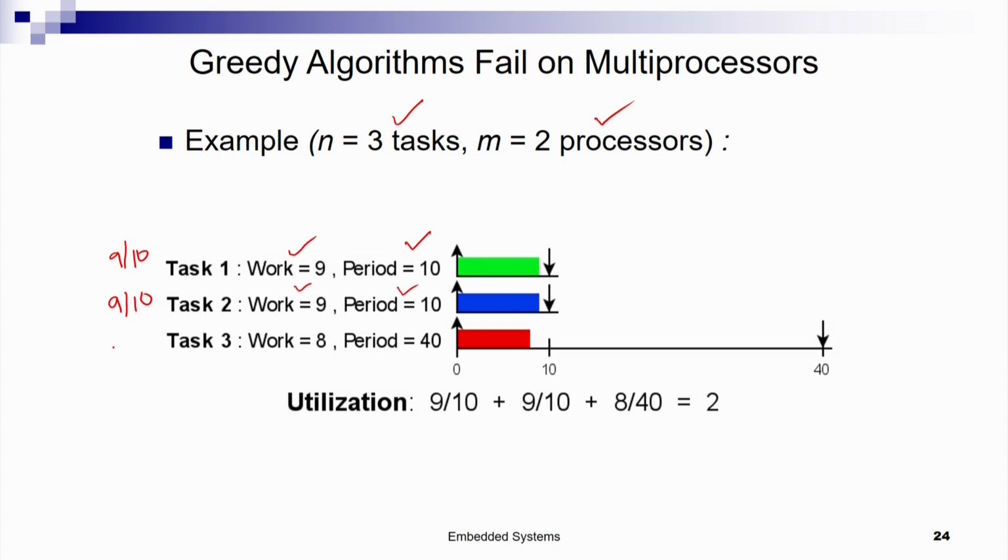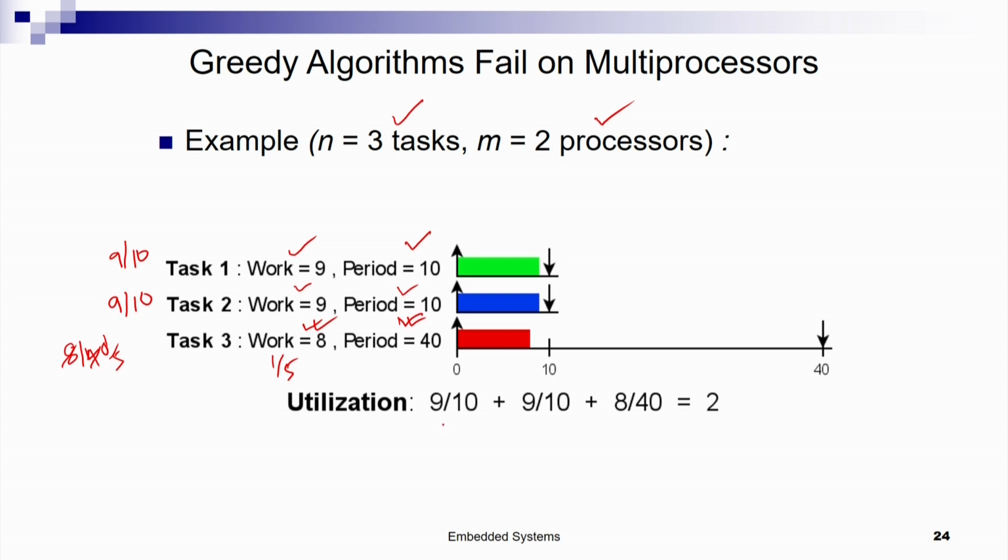The third task has a utilization of 8 by 40, or 1 by 5: an execution requirement of 8 to be completed within a period of 40.